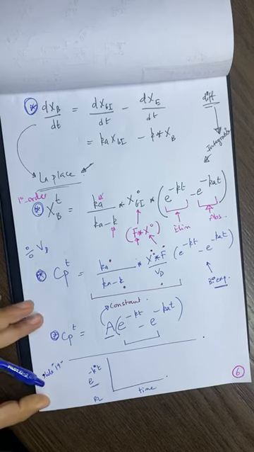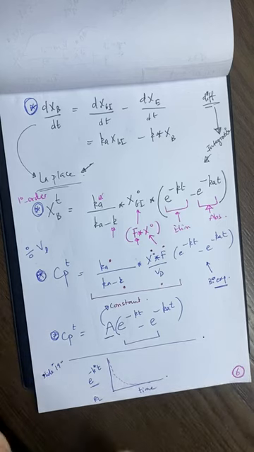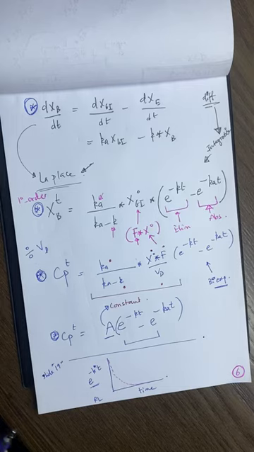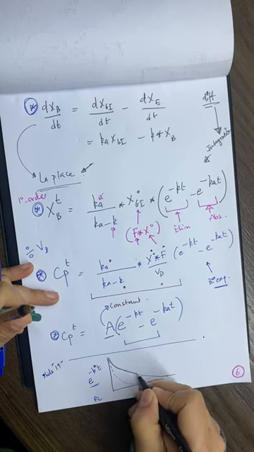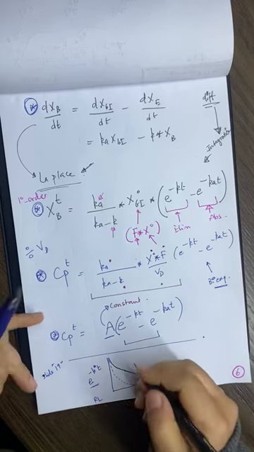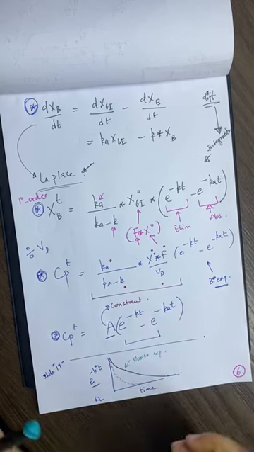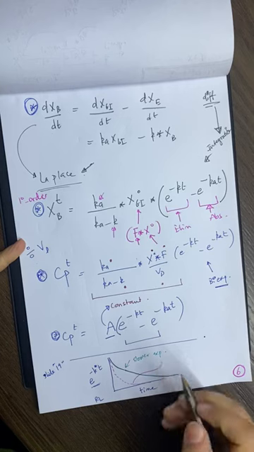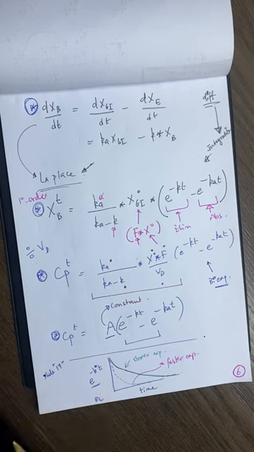I will have the faster exponential term at the beginning, and then, in another color, the slower exponential term. So this is the slower exponential term, and this is the faster exponential term.